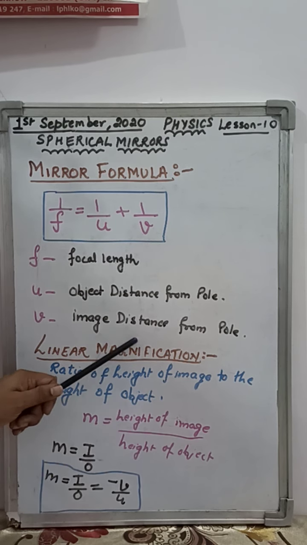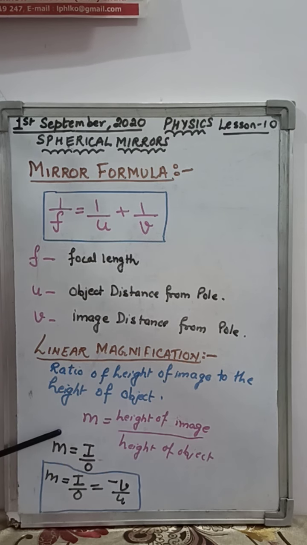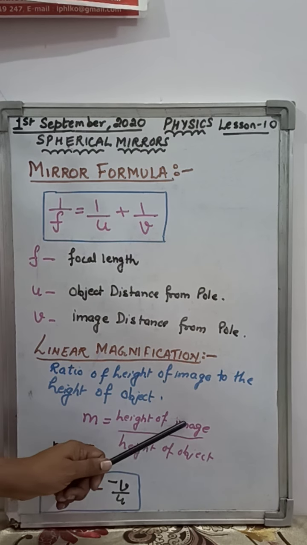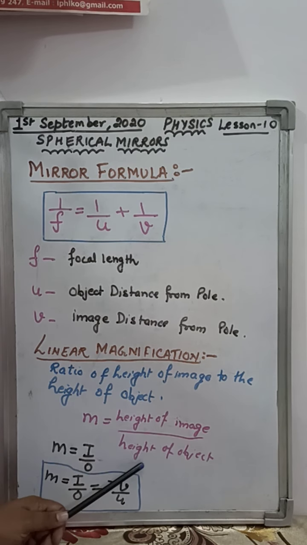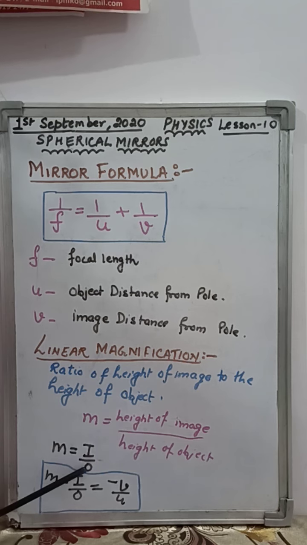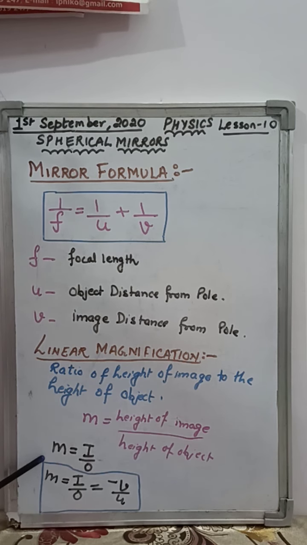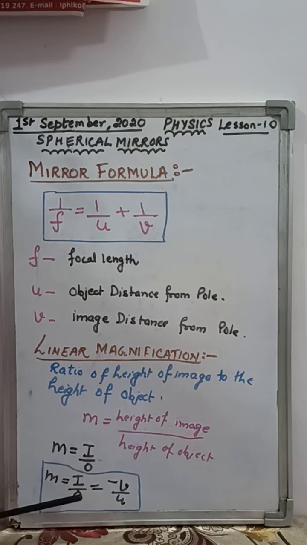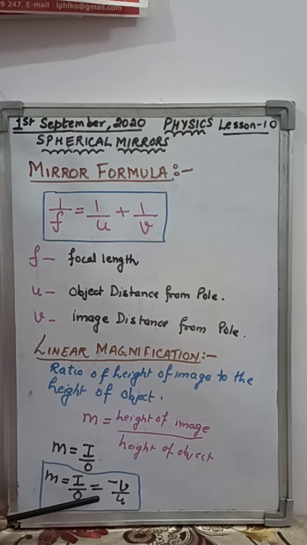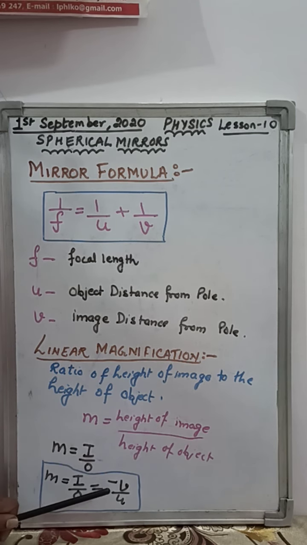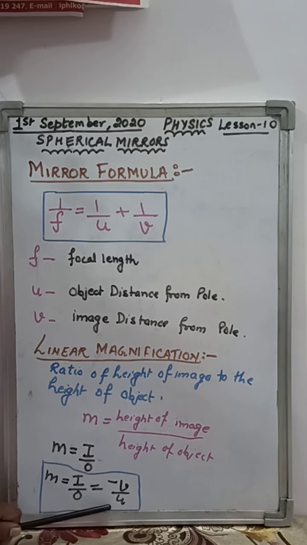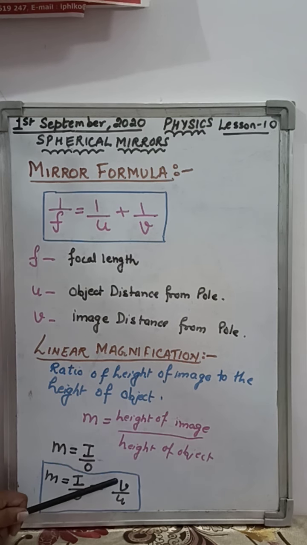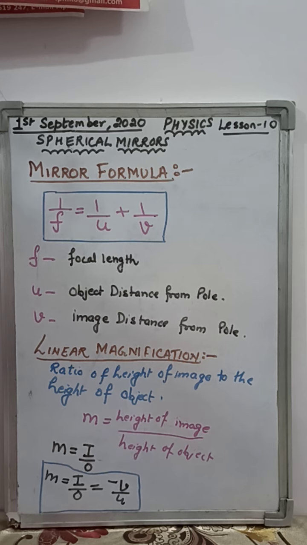Linear magnification is represented by small m, height of the image by capital I, and height of the object by capital O. So m = I/O. That can also be written as the ratio of image distance to object distance, that is, m = -v/u. Clear?